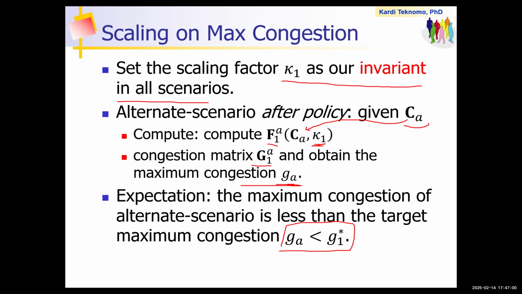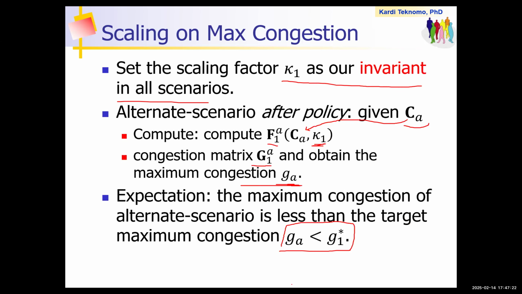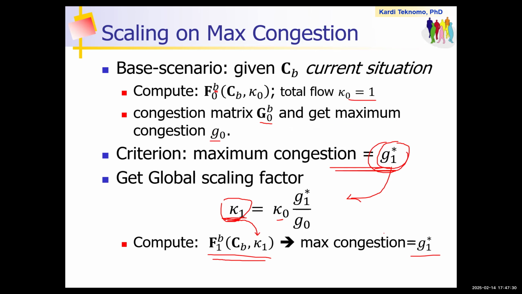Now you can see how simple it is. First, you don't know the total flow. Then you set a target maximum congestion G1 star, whatever it is, it doesn't matter. Next, you have the alternative scenario which you compute. Now you compare the new maximum congestion, GA, with the target that you set.